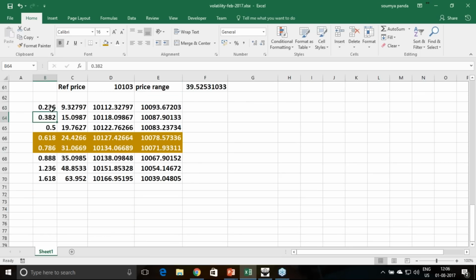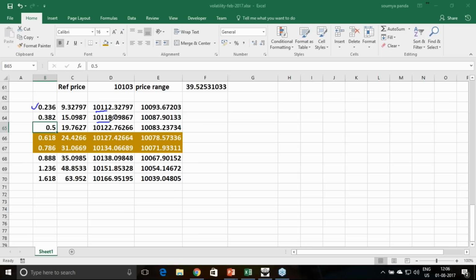So Fibonacci ratios are 0.236, 0.382, 0.5. All these ratios are Fibonacci retracement ratios. And as per the Fibonacci principle, whenever the price crosses 0.236, it sets the trend. Means uptrend, if it is crossing 10,112, I'll say that it is entering the uptrend.